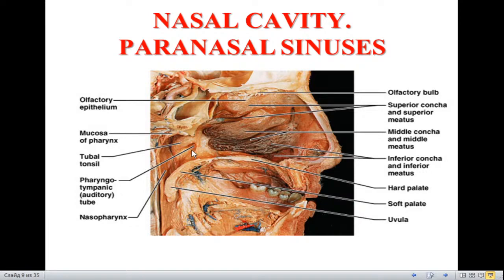In these parts of the pharynx, we have the lymphoepithelial ring of Waldeyer-Pirogov, which consists of tonsils. I want to remind you, these tonsils are unpaired and paired. Unpaired are pharyngeal and lingual, and paired tonsils are palatine and tubal tonsils.